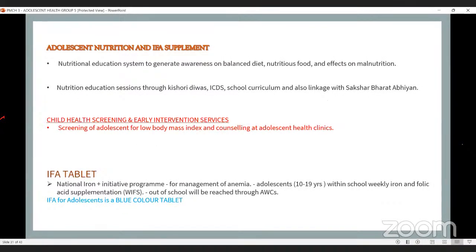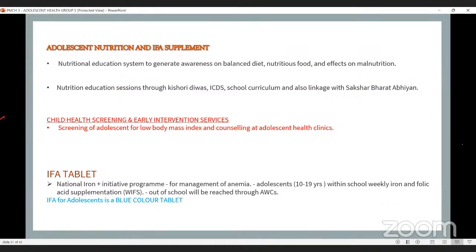Adolescent nutrition and IFA supplement, nutrition education to generate awareness on balanced diet, nutritious food, and effects of malnutrition, nutrition education sessions through Kishori Divas, ICDS, school curriculum, and also linkage with Sakshar Bharat Abhiyan. Child health screening and early intervention services, which was screening of adolescents for low body mass index and counseling at adolescent health clinics.